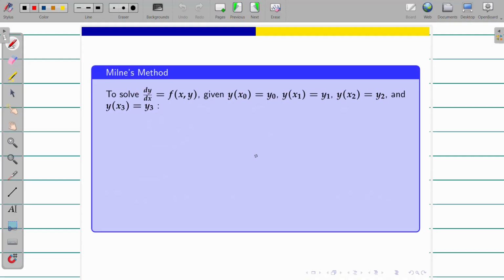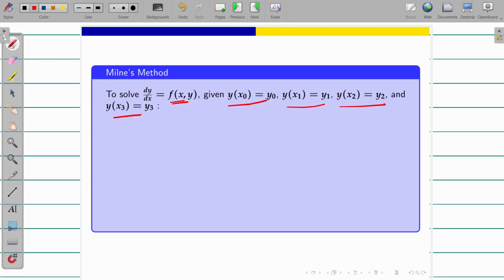To solve dy by dx equals f of x comma y, here also we are trying to solve ordinary differential equations. The given conditions are y of x0 equals y0, y of x1 equals y1, y of x2 equals y2, and y of x3 equals y3.